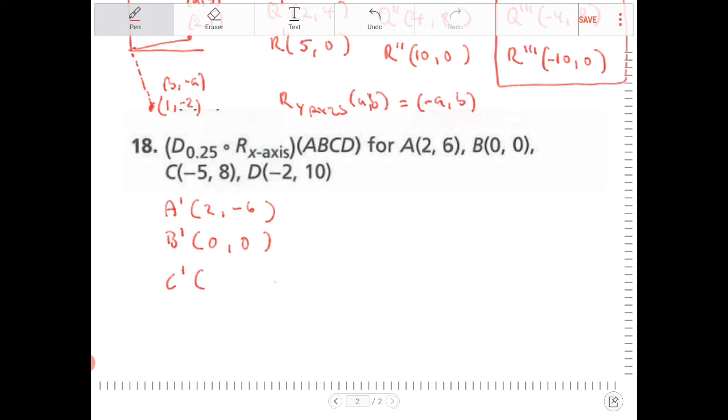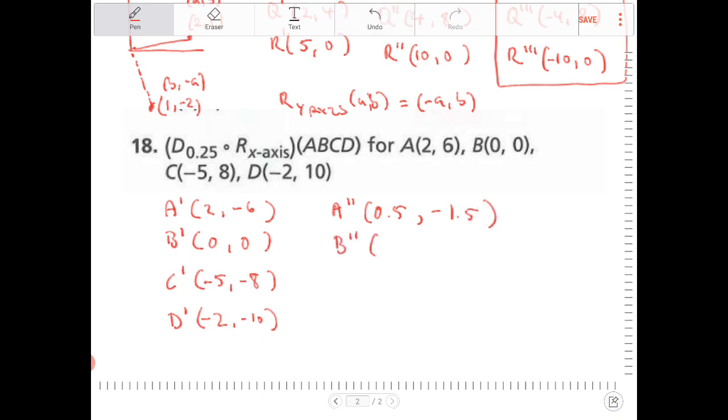C prime will be negative 5 comma negative 8. And D prime will be negative 2 comma negative 10. All right, so that's A, B, C, D. And then we're going to be dilating by a factor of 0.25. So what will that get me? So that will get me A double prime will be, so 0.25 is the same thing as 1/4, so that's 0.5, comma negative 3/2, or negative 1.5.